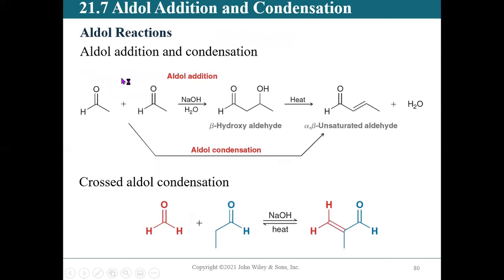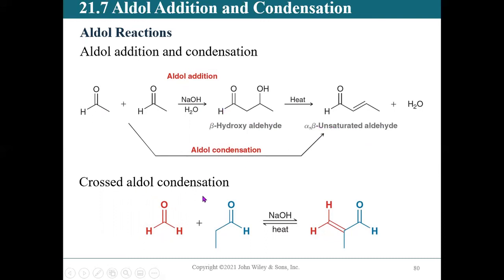Aldol addition and condensation, again, we can have the same compound or cross aldol reactions. So the first, just the same carbonyl compound, goes through the process either at lower temperature or heat, and may produce the aldol addition product or the condensation product.